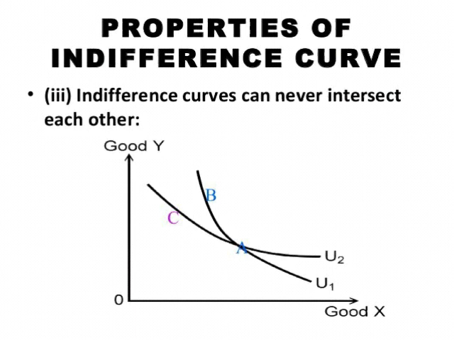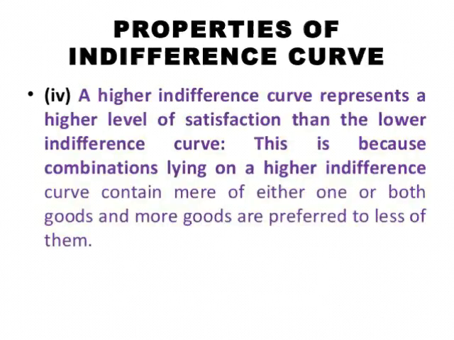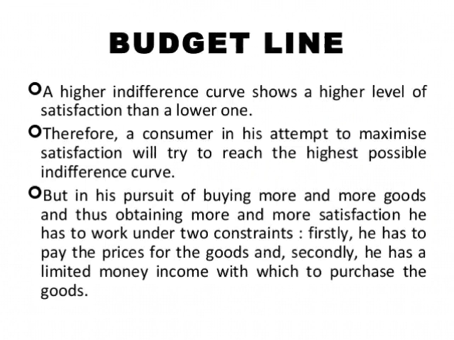The third property is that 2 IC curves never intersect each other, because different IC curves mean different levels of satisfaction, so why would 2 curves intersect? Next, the fourth: a higher indifference curve represents a higher level of satisfaction than a lower indifference curve, because the combinations lying on the higher indifference curve give more. That's why they say the higher the indifference curve, the higher the level of satisfaction.